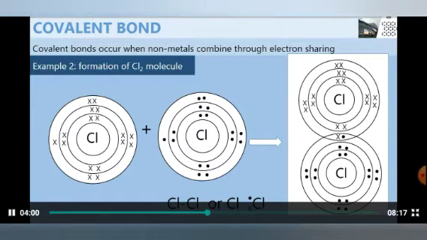For the second one, again, 1, 2, 3, 4, 5, 6, 7, 8. So they both satisfy the octet configuration. Again, to represent this, we use a single line, or we could just write the chemical symbols and a dot and a cross between them to represent the chemical bond.